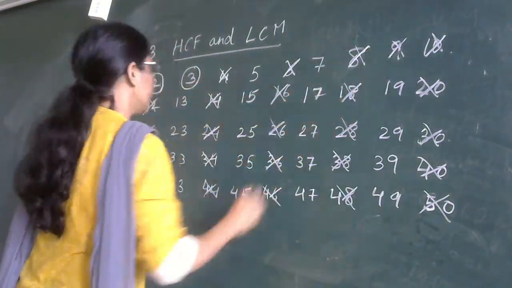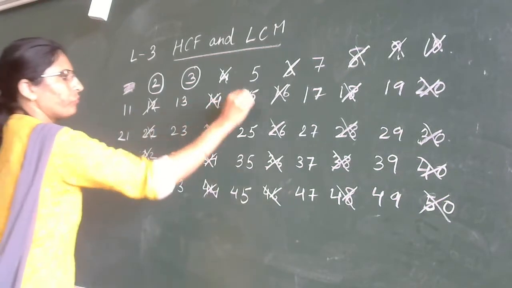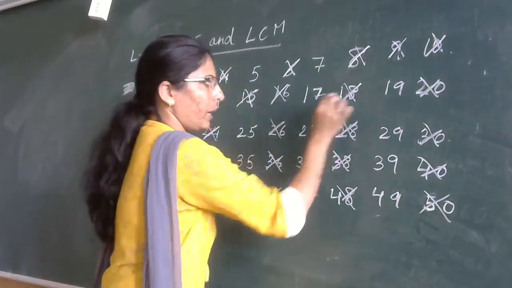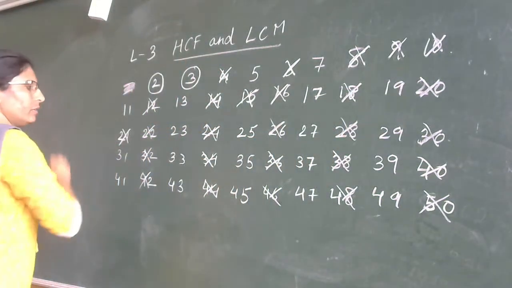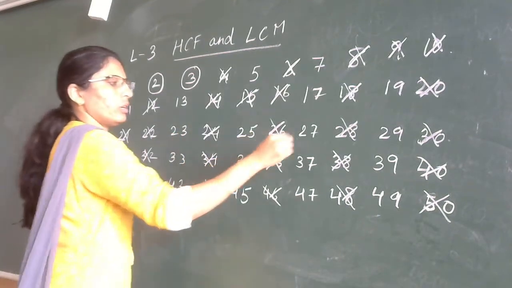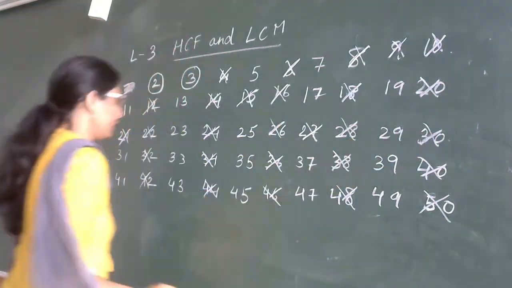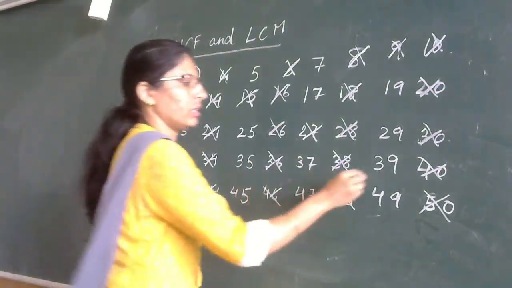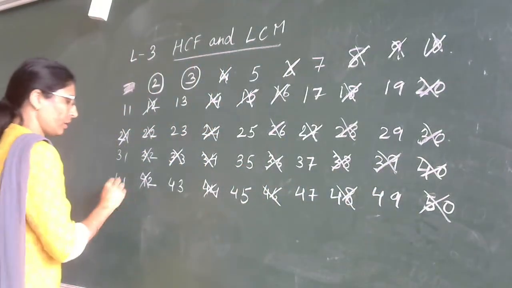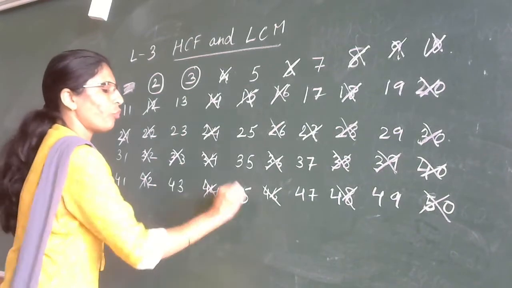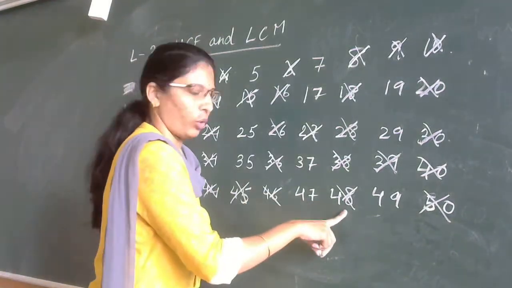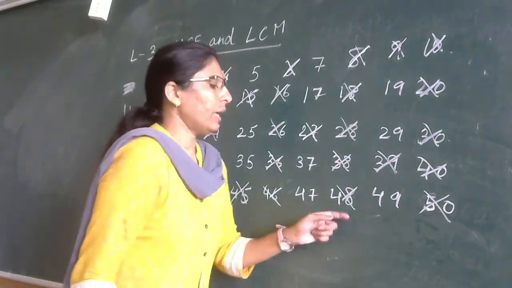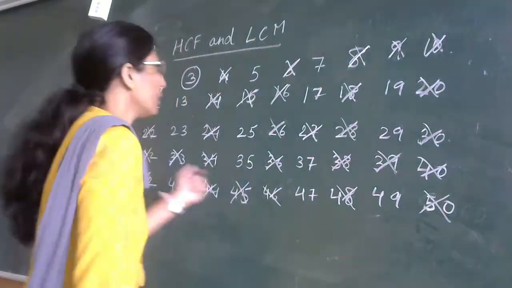That is 9, 12, 15, 18, 21, 24, 27, 30, 33, 36, 39, 42, 45, 48. Okay, now the next step.